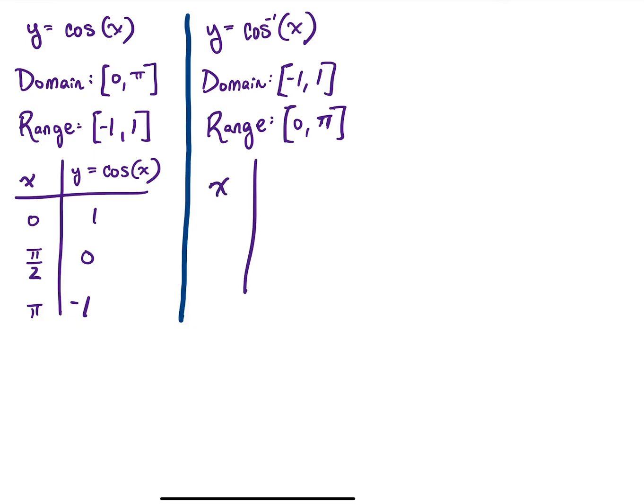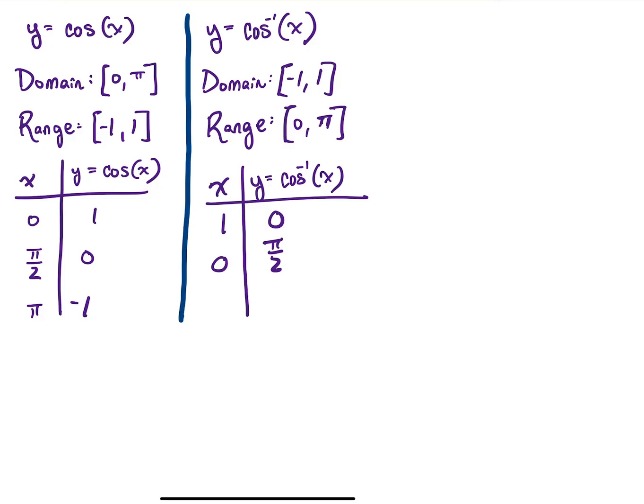Let's build a few points here. And let's just swap them like we did with the sine. So instead of 0, 1, we should have the point 1, 0. Instead of pi over 2, 0, we should have 0, pi over 2. And instead of pi, -1, we should have -1, pi. So let's plot these and see. So x is between -1 and +1.